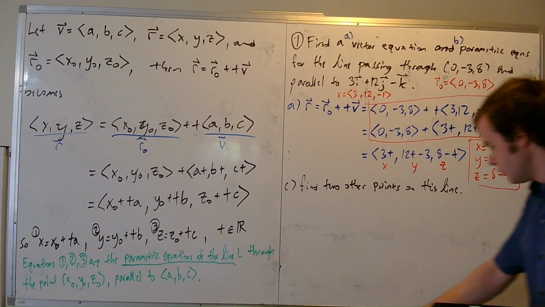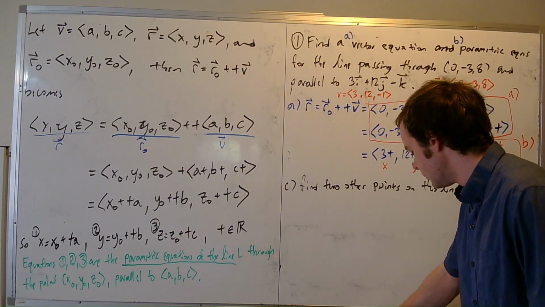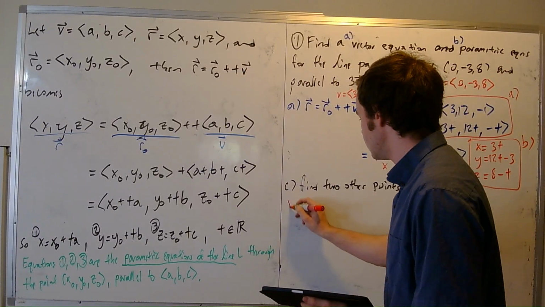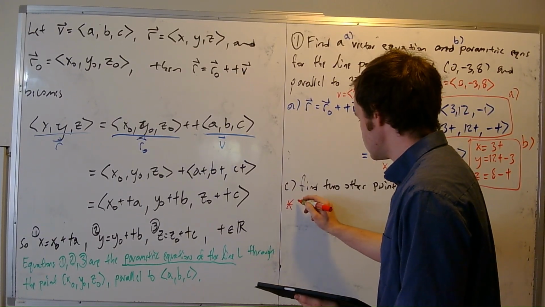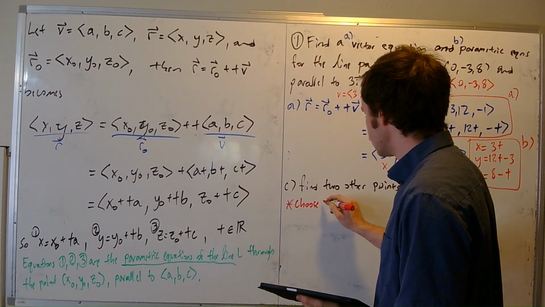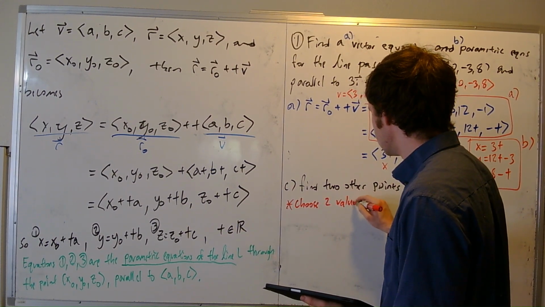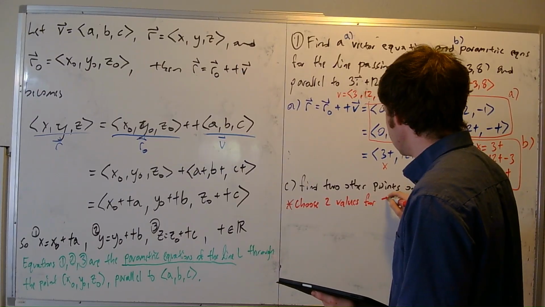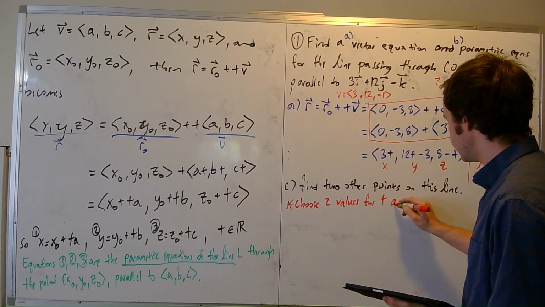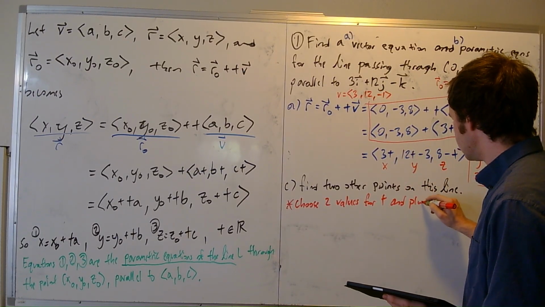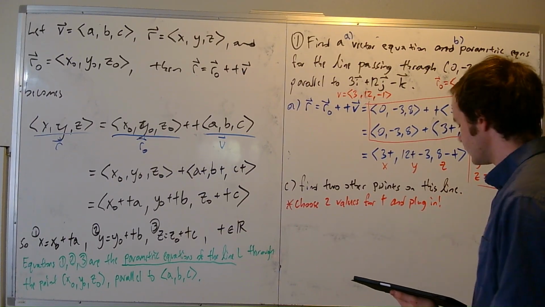So all we have to do here is choose two values for t and plug in. That's all we have to do.